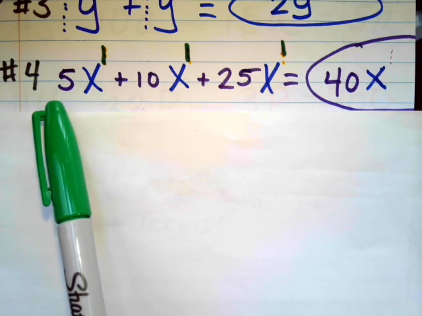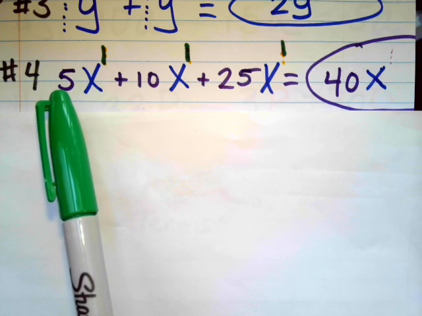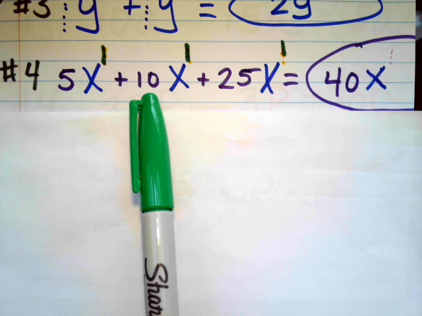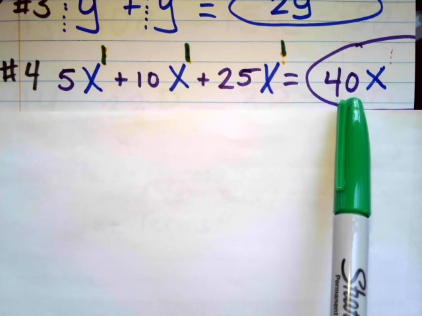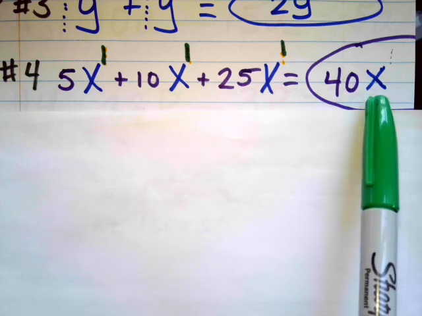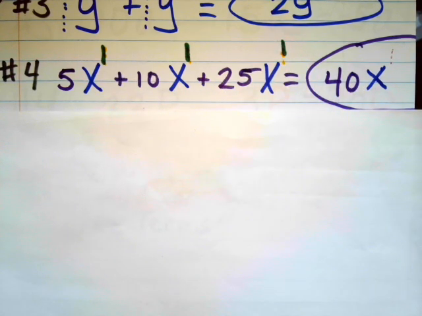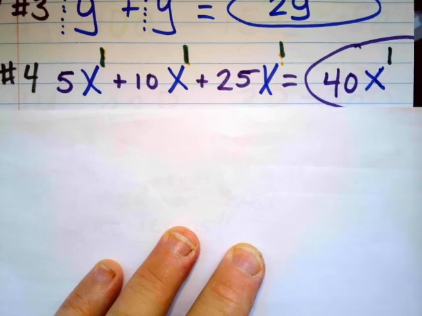Now we have all the same base and the same exponential powers. 5 plus 10 is 15, 15 plus 25 equals 40, and we keep that same base x with the exponential power: 40x to the first power.